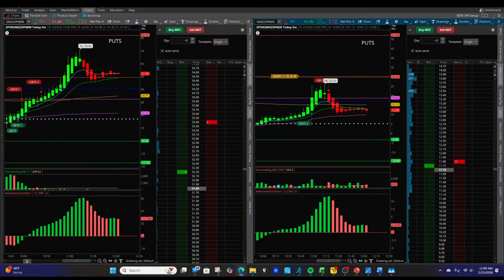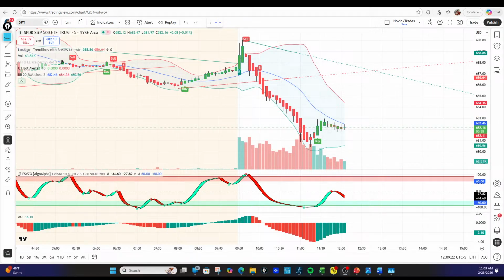Another indicator that is fun to watch is the Bollinger Bands. And if we look here in the trading view, we see that this has definitely gone down. And then we had a buy at 11.25.